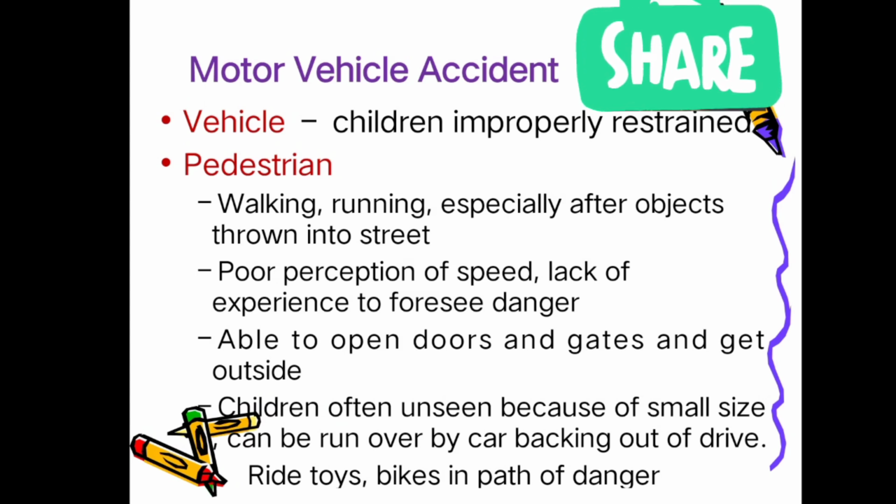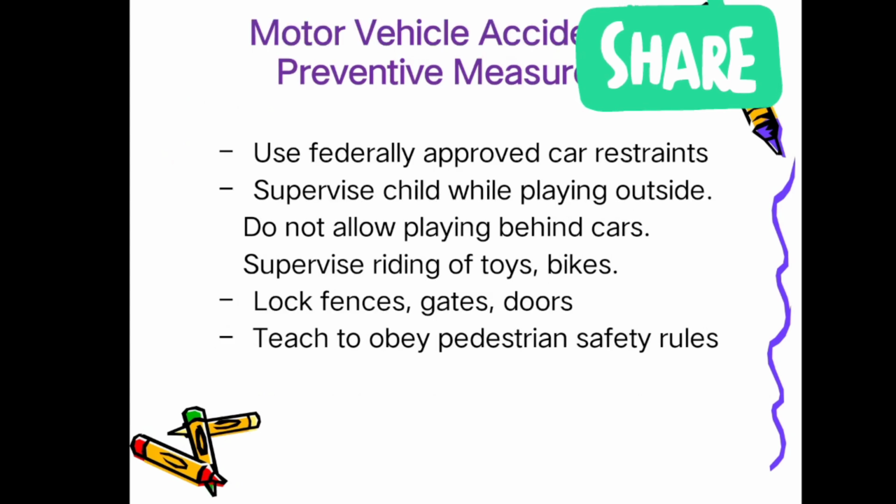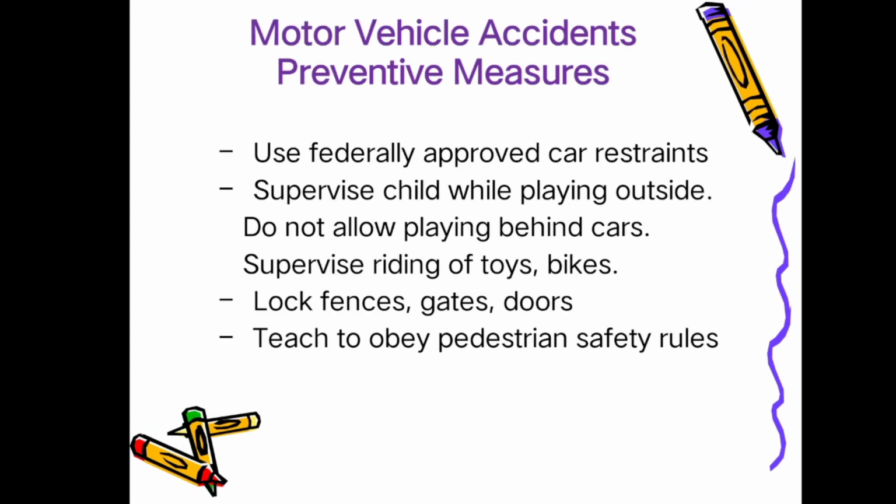In the same way, when the baby is taken to the outer environment like parks or the roadside, the baby will be running. If a car or any vehicle coming at high speed hits the child. And inside the home there are doors; if a baby is able to open the door and go out, they can also end up with accidents.